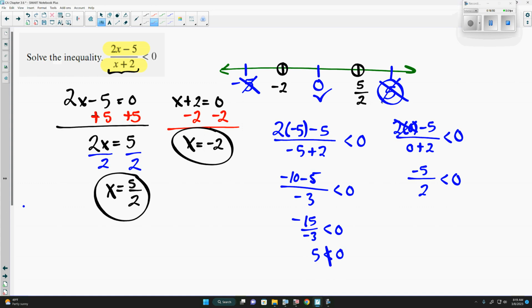So the only part of our numbers that works are the values between -2 and 5/2. So on a graph, we would shade this here as an interval. It would be the interval of -2, comma 5/2.